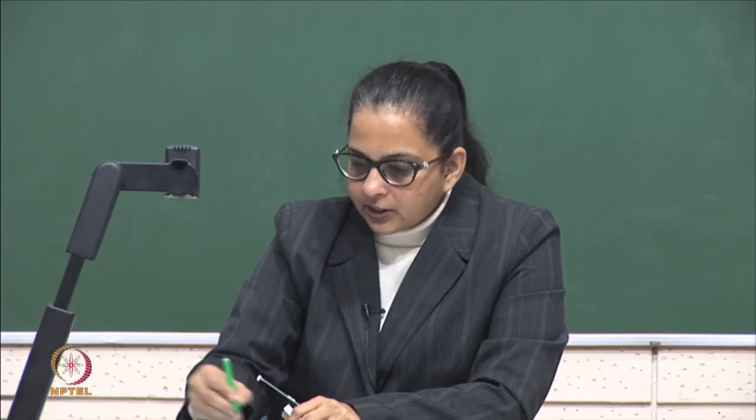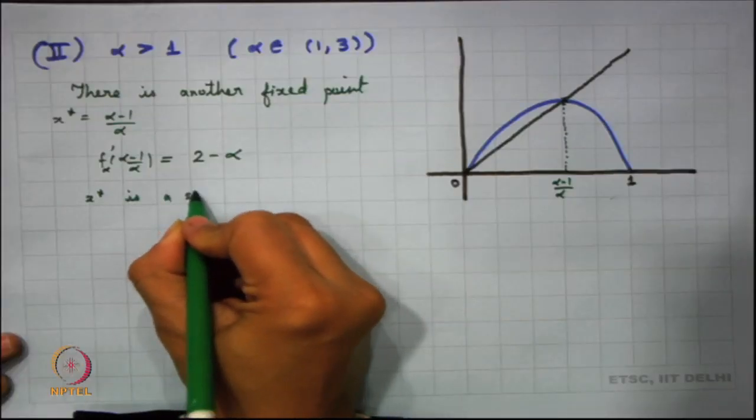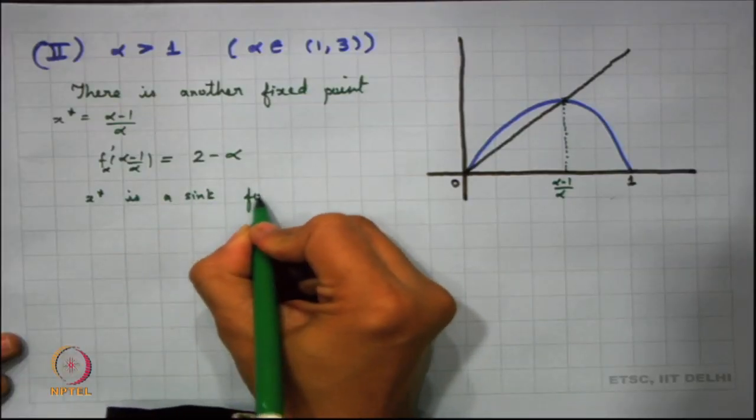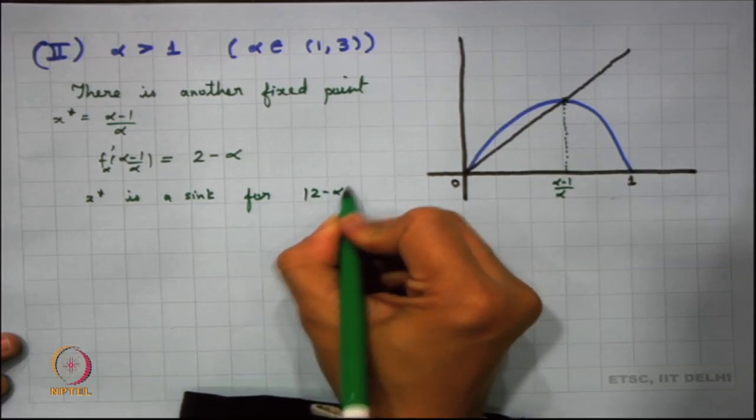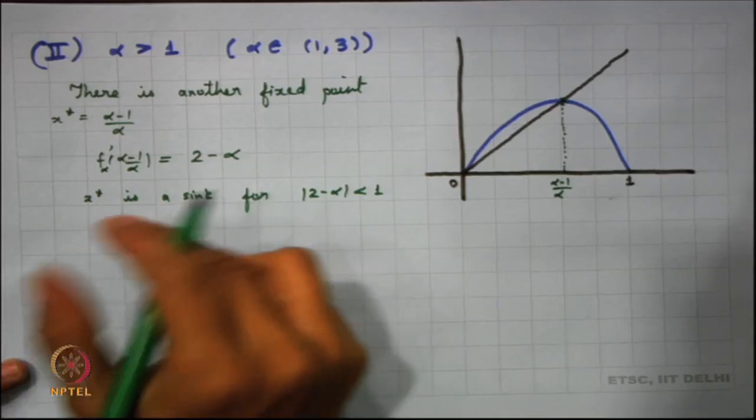What happens to this value? Now, if I look into this x star, alpha minus 1 by alpha, x star is a sink for modulus of 2 minus alpha less than 1. If this holds true, then it is a sink.